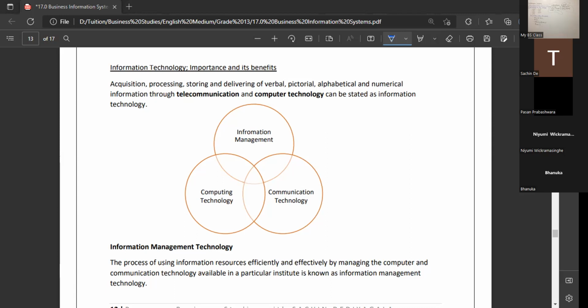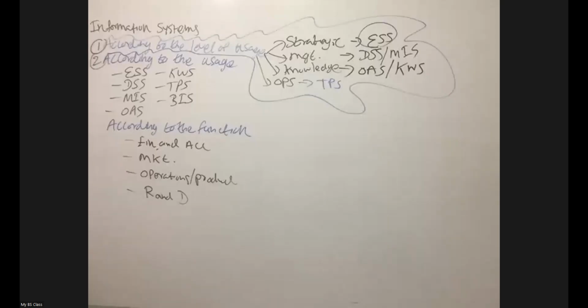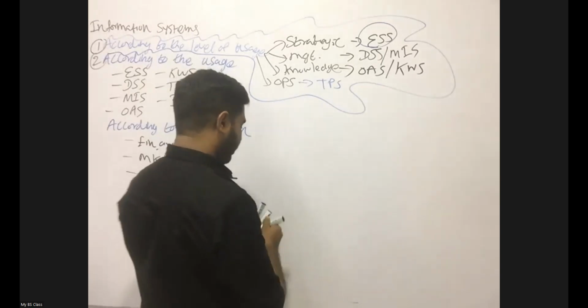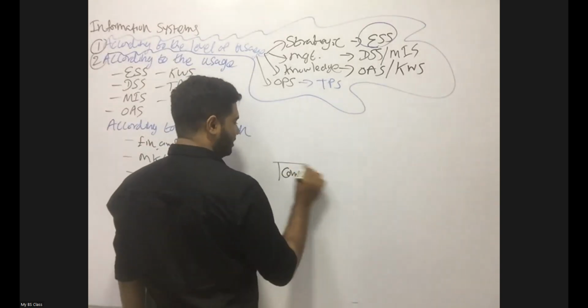Now, when you say the concept of IT, right, it's related with information management. It deals with information, and it deals with computers because you need computers to manage the information. And to manage information, you need to communicate. You need to have computers, right? Which is the computing technology.